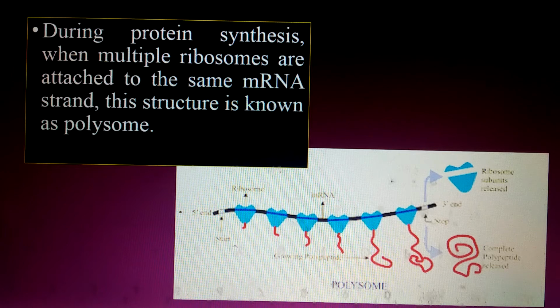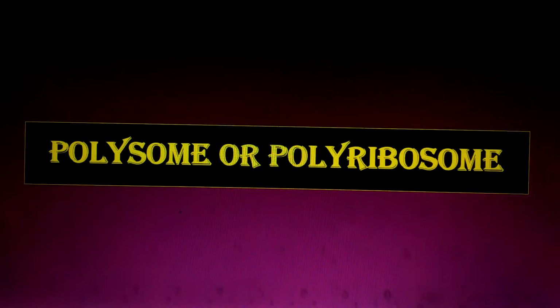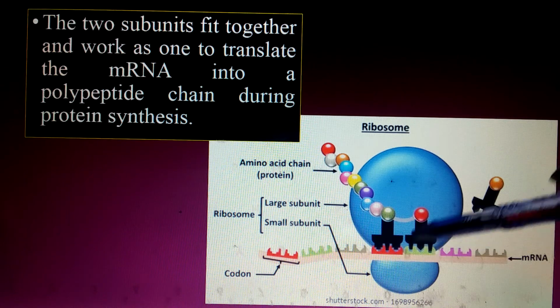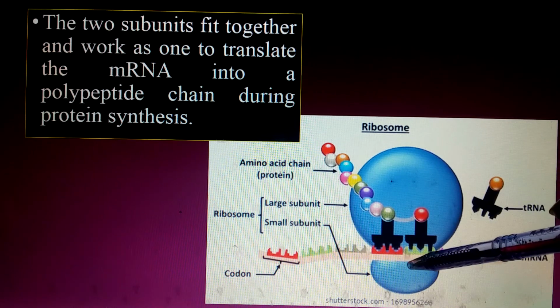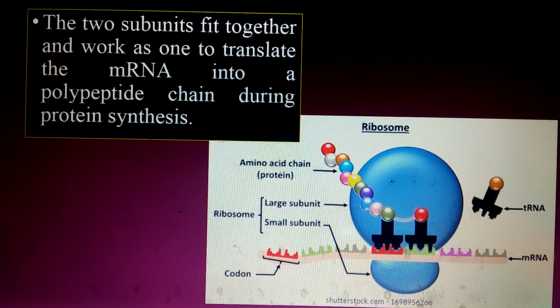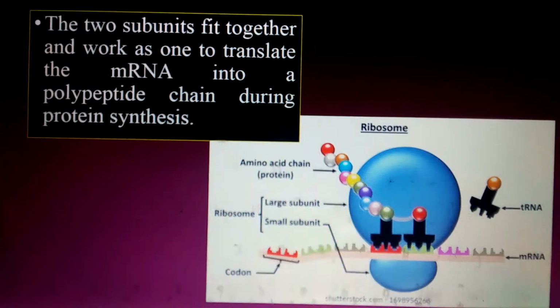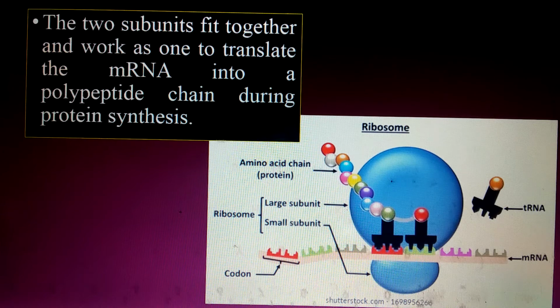You know that between the smaller subunit and the larger subunit there is a space. When the two subunits attach with each other, there is a space between them for the passage of the messenger RNA. And what will happen?